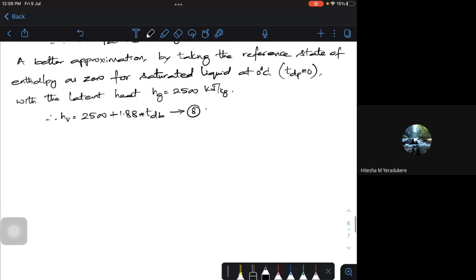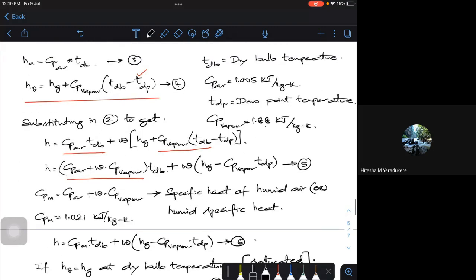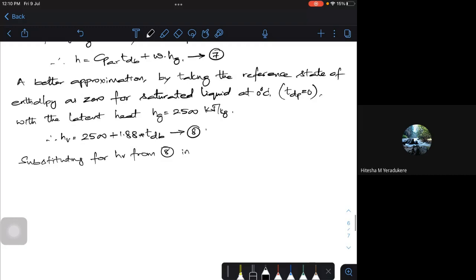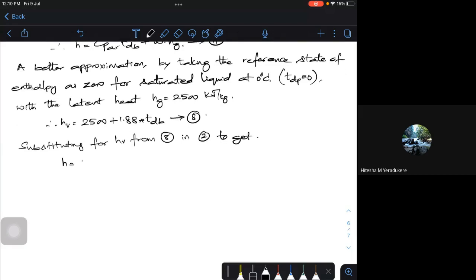So substituting for HV from equation 8 in equation 2, to get your enthalpy, H is equal to 1.005 into TdB, the dry bulb temperature, plus omega into (2500 plus 1.88 into TdB).